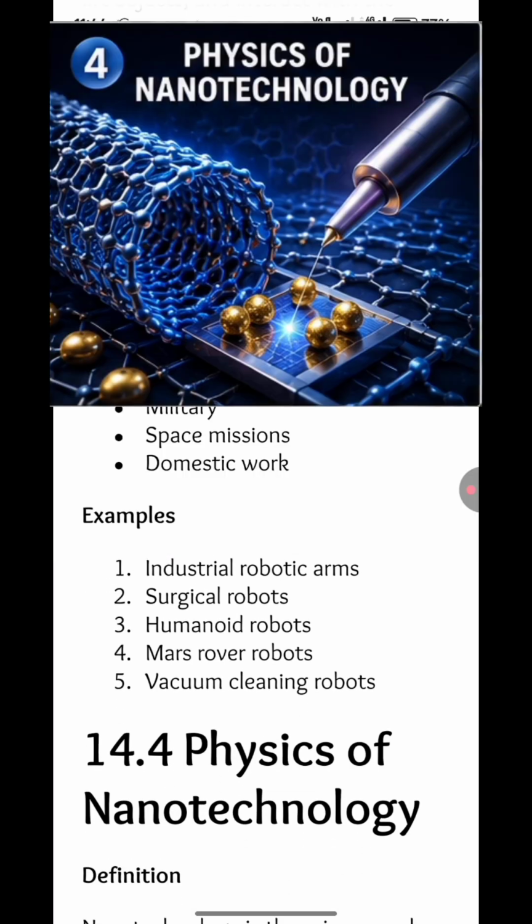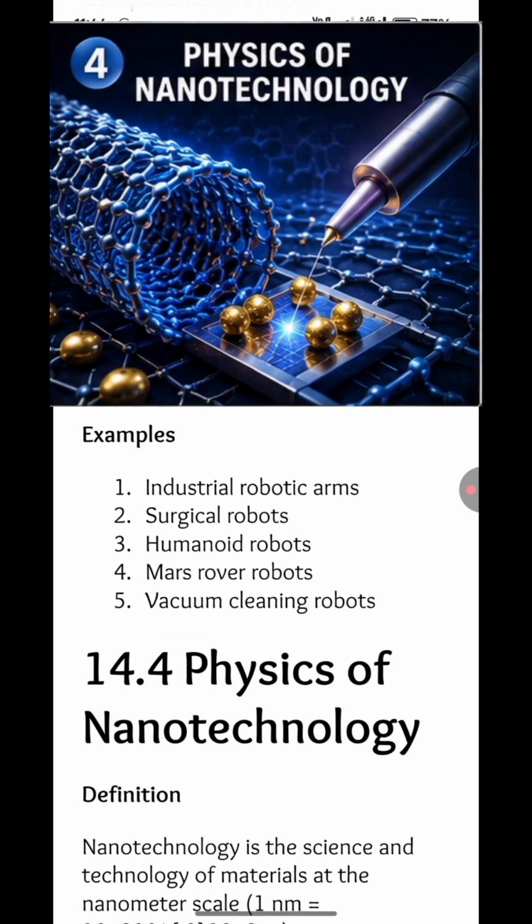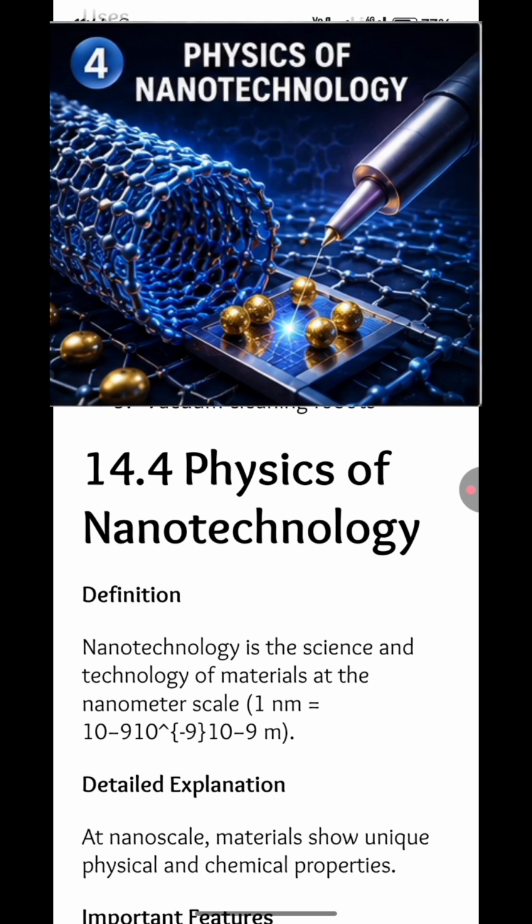Next, physics of nanotechnology. What is the definition? Nanotechnology is the science and technology of materials at a nanometer scale.